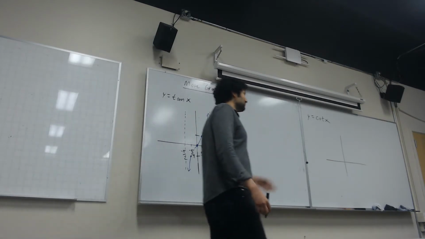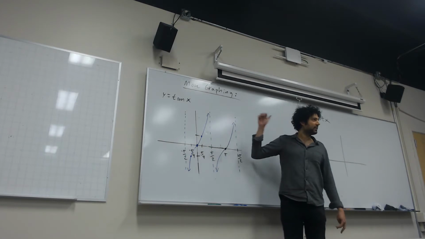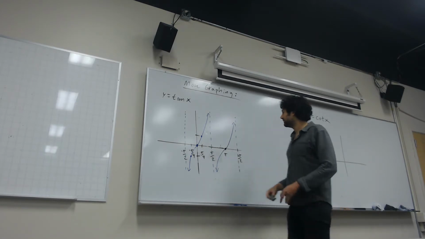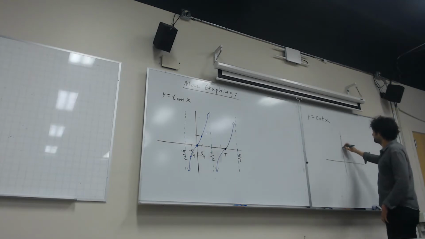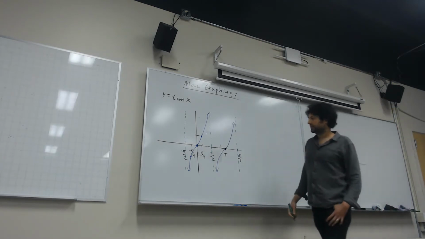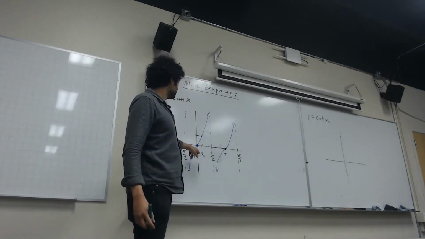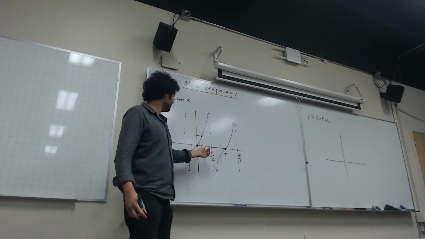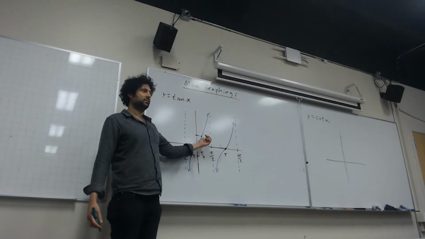Undefined. So right away for cotangent, since you have 0 for tangent, you're going to have a vertical asymptote, because the reciprocal of 0 is undefined. All right. So now over here, tangent of pi over 4 is 1. What's the reciprocal of 1? 1.